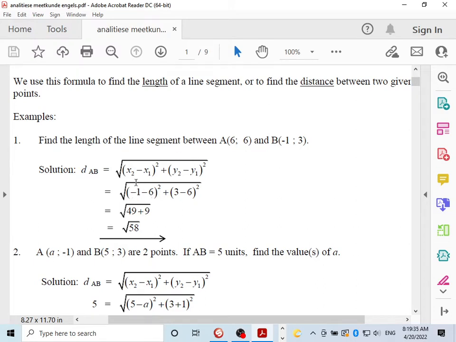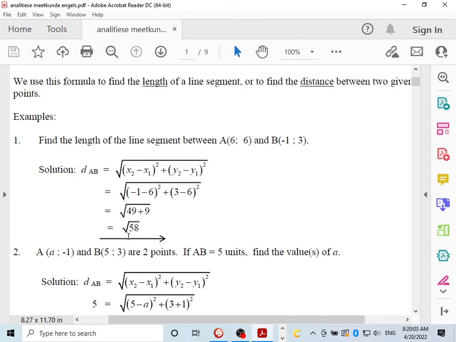Can you see it? Then you must start with B's y. Do you hear me? Okay. So they say x of B minus x of A, y of B minus y of A. And that whole thing, after you've substituted, you type it on your calculator as it is there. And you get the final answer.